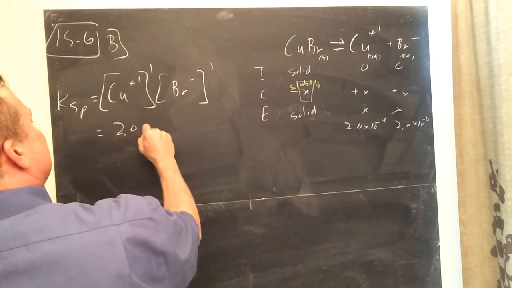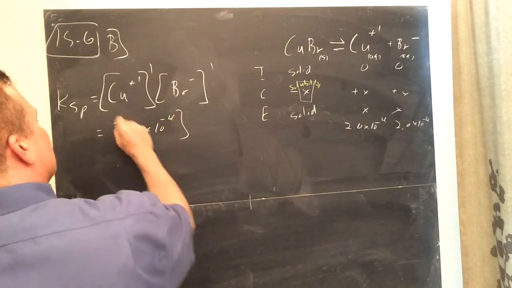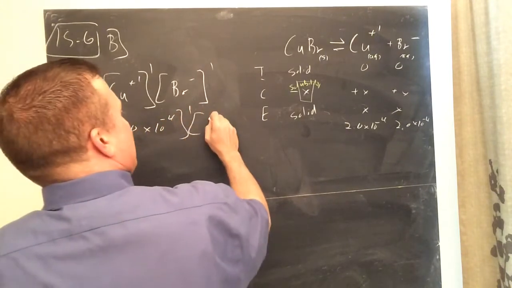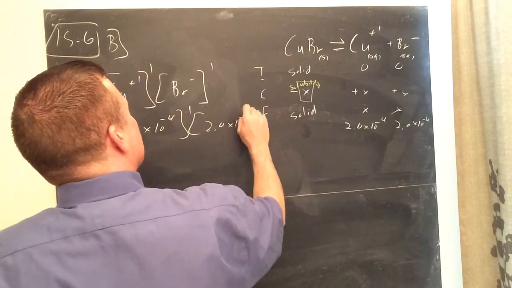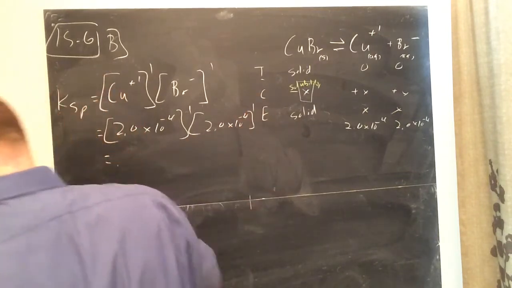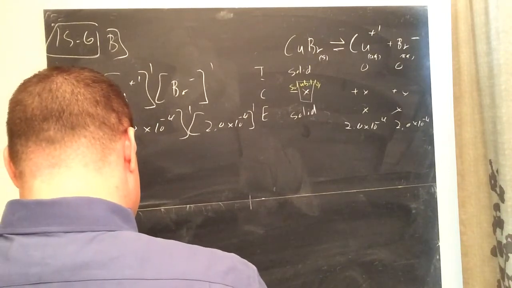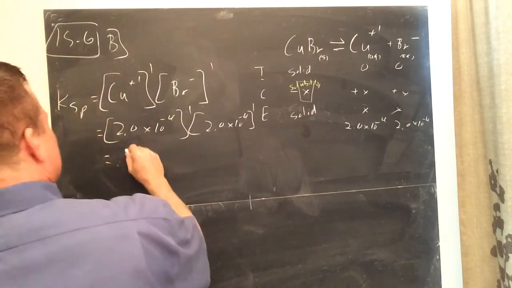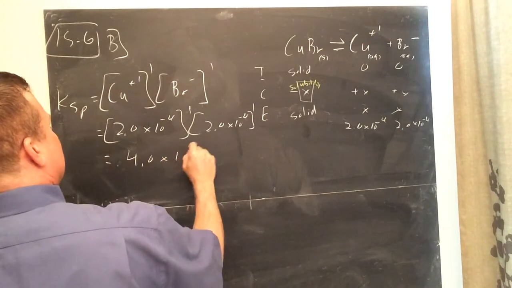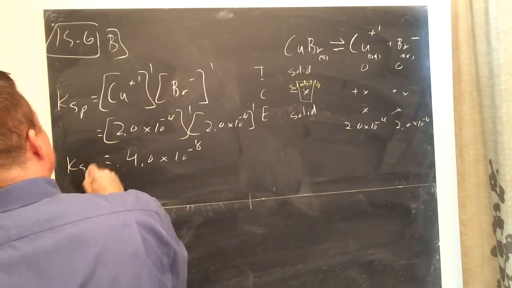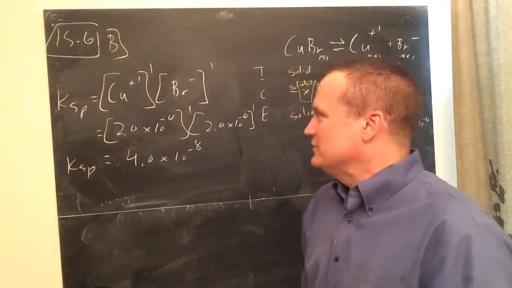So this is a very simple 2 times 10 to the negative 4 to the first power, and 2.0 times 10 to the negative 4 to the first power again. So is it 4 times 10 to the negative 8? Yes, it is. 4.0 times 10 to the negative 8 is the Ksp. All right, not a very hard one to do.